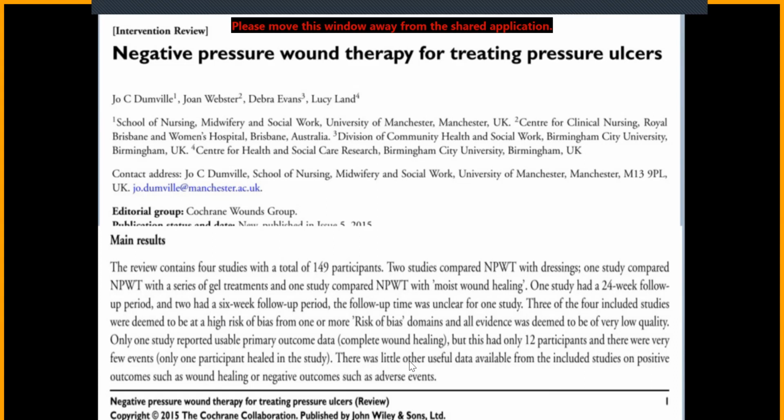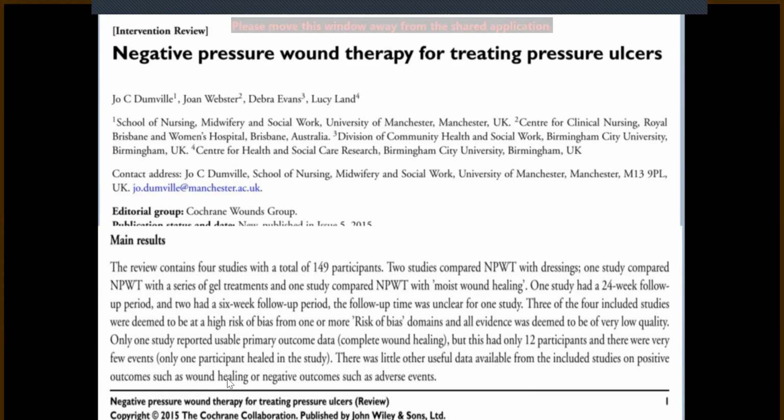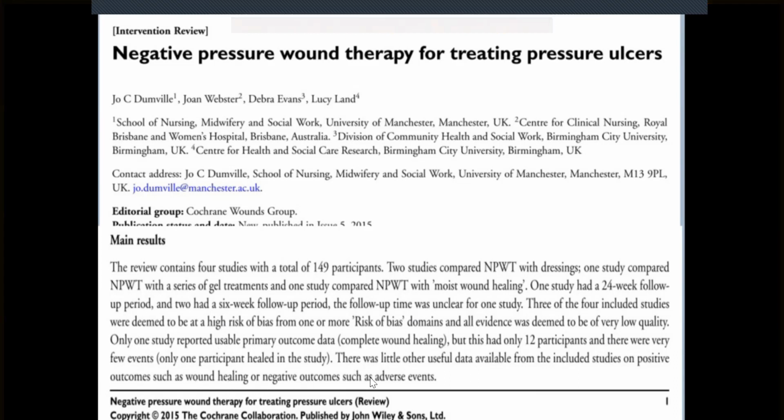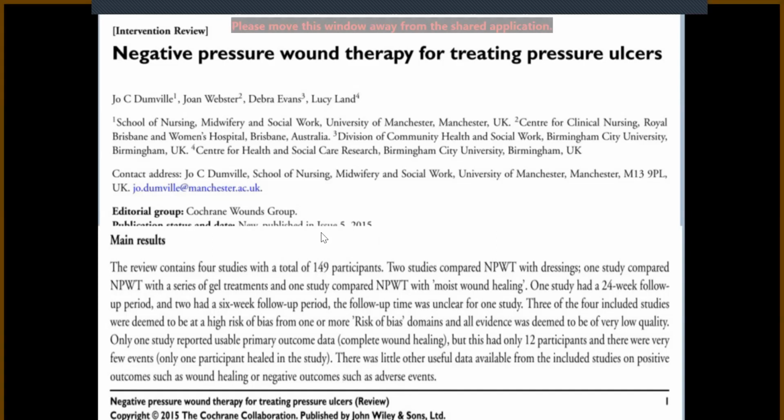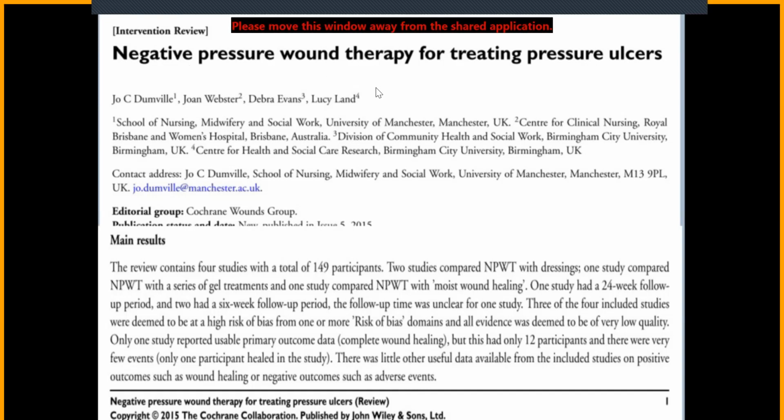There was little other useful data available from the included studies on positive outcomes such as wound healing or negative outcomes such as adverse events. So what I want to say is that for pressure ulcers, negative pressure wound therapy doesn't have any good quality data till now. So anyone can start.